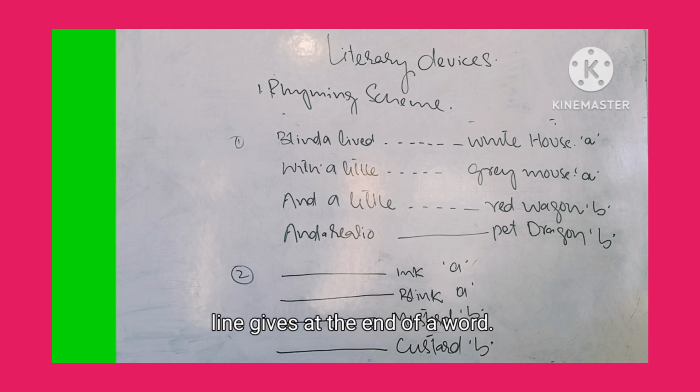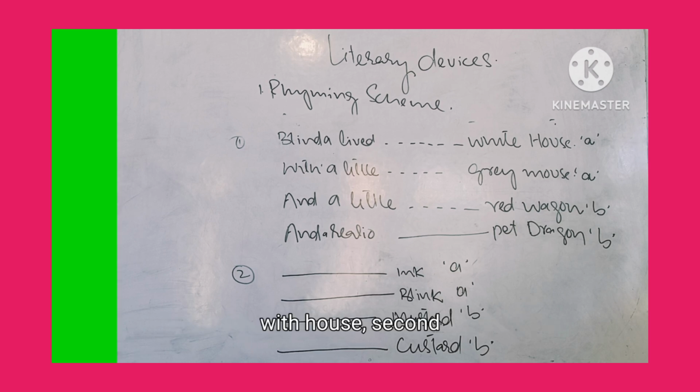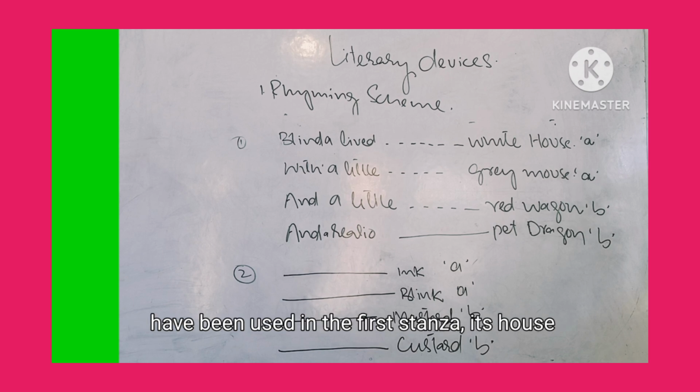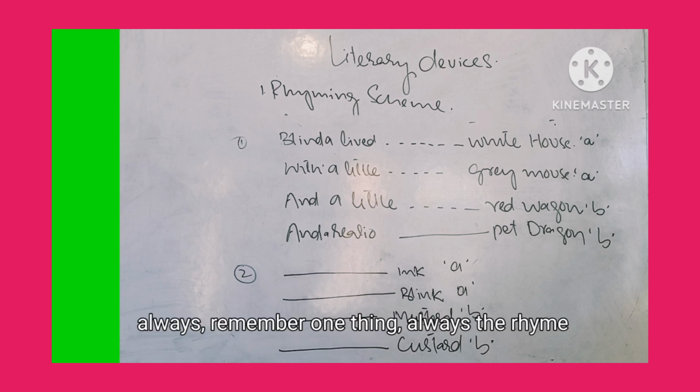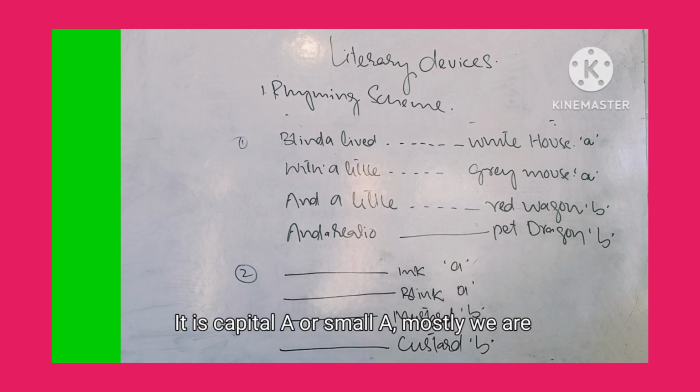For example, look at the first line. It ends with house, the second with mouse, the third one wagon, and the fourth one dragon. Always remember one thing, the rhyme scheme always starts with A. It is the capital A or the small a, mostly we use the small letter.